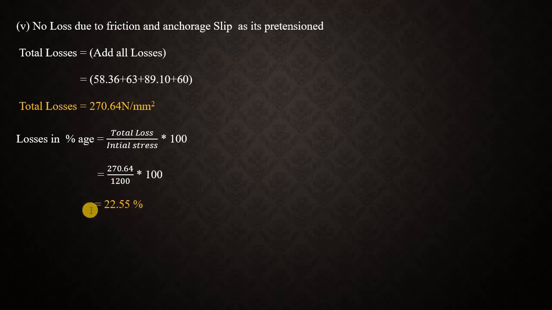So if we calculate this, we will get the total loss in percentage as 22.55%. I hope you have understood how to find the total losses. The important point here is about the transfer, the immediate transfer thing. So there you should be careful, and here it is about pre-tensioning. Friction and anchorage slip won't be there. These are the few important things to be remembered in this problem. Thank you.